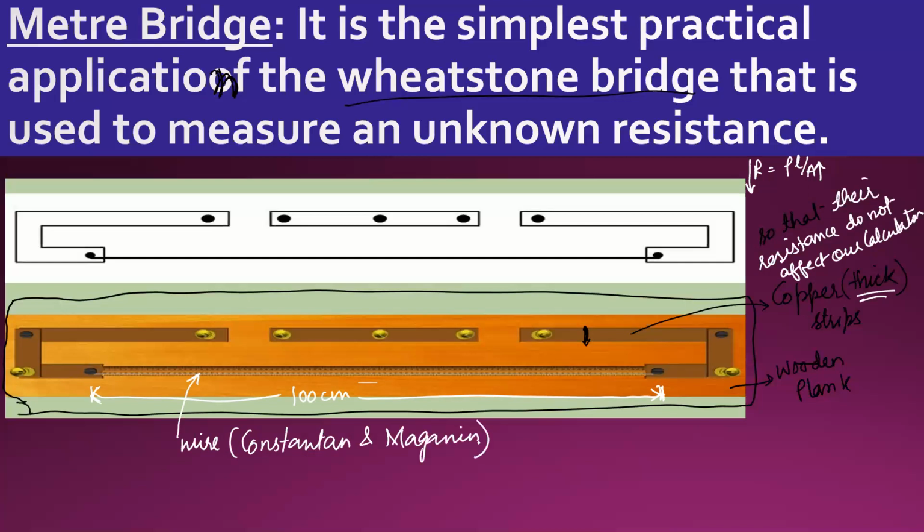Why are we using the wires of constantan and manganin? Because their resistivity is very high. Their alpha is very low. If their alpha is very low, that means temperature effect can be nullified.